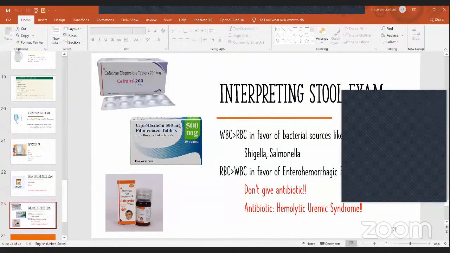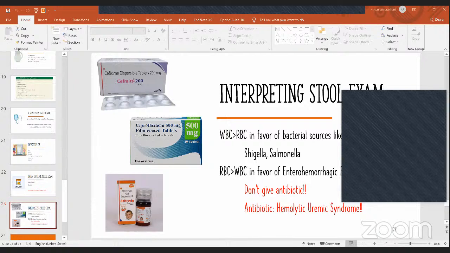When the culture is ready, the results may show, for example, amoeba, which can sometimes cause diarrhea. If it's amoeba, then you will just treat it according to the found pathogen. For example, metronidazole can be administered, okay?